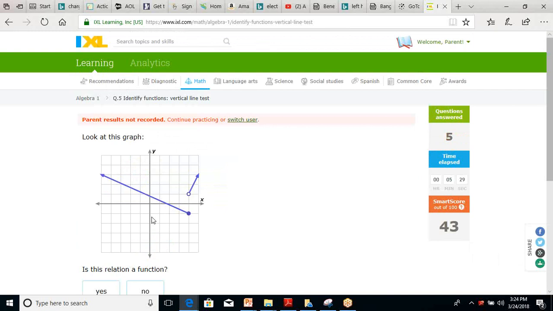What about this? So this is 1, 2, 3, 4. X of 4 has a y value down here, and it also has a y value right there. So is that a function?